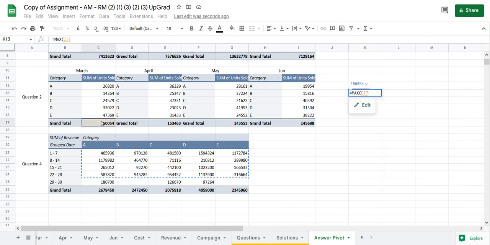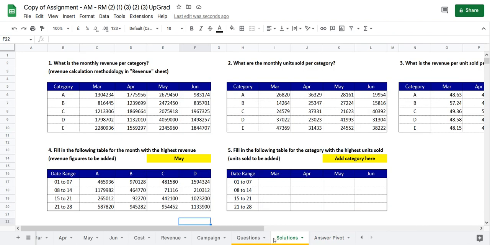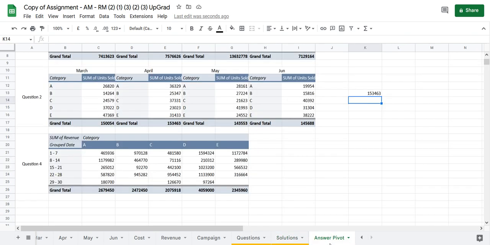Out of these 4 values we have to check which is the maximum. So the maximum is 153463. 153463 means for April, but we have to check for category actually, for which particular category the units sold is highest.